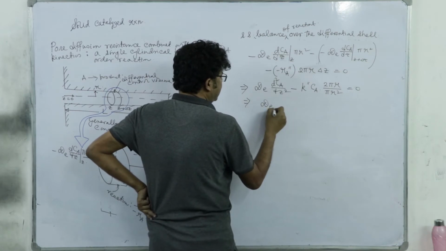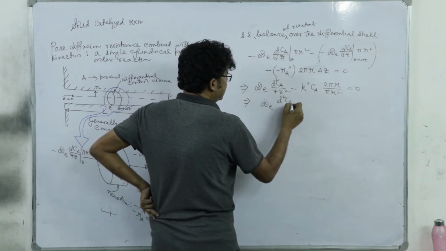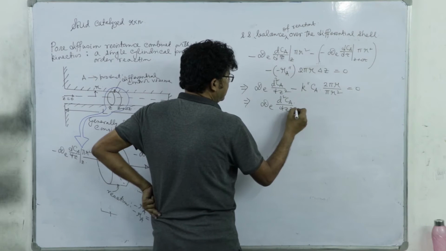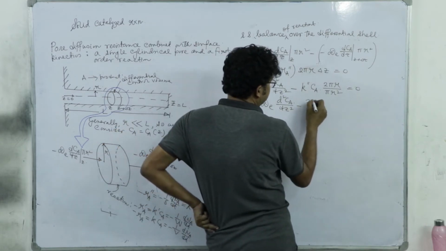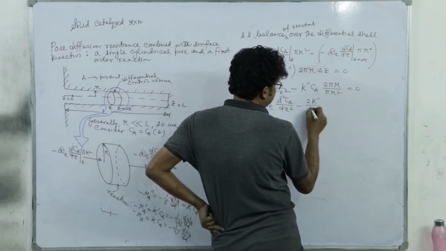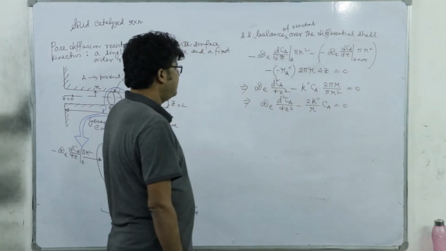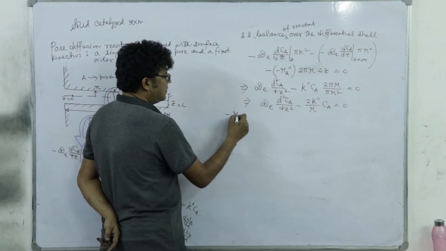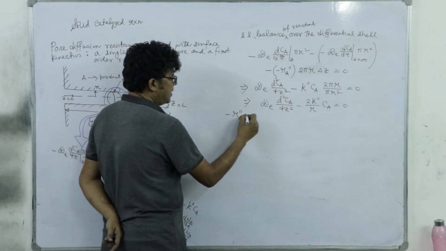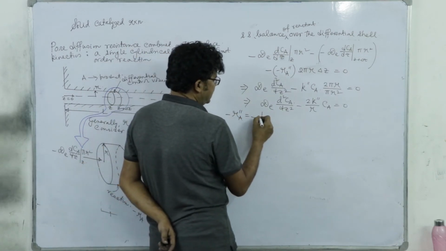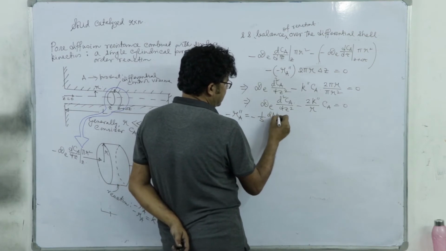So, we have De d square Ca dz square minus 2 k double prime divided by r into Ca equal to 0.